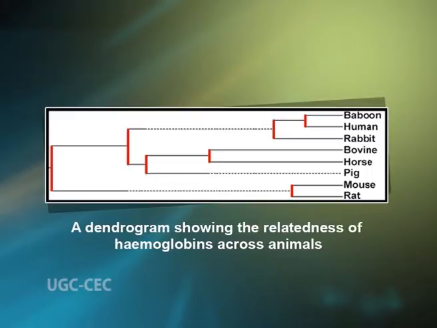Figure: dendrogram showing the relatedness of hemoglobins across animals. A basic dendrogram of hemoglobin genes is shown. The terminal end of each clade is called a leaf. Each branch is called a clade. The height of the vertical lines highlighted here in red indicates the degree of difference between branches. The longer the line, the greater the difference.